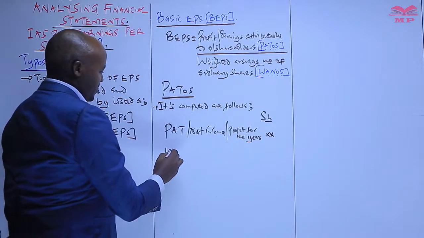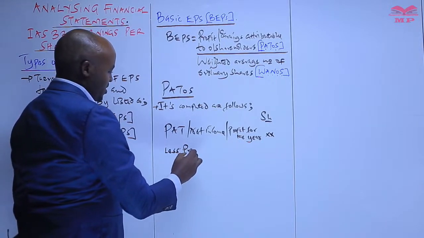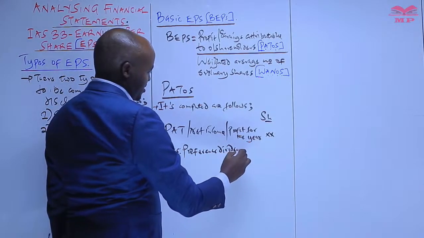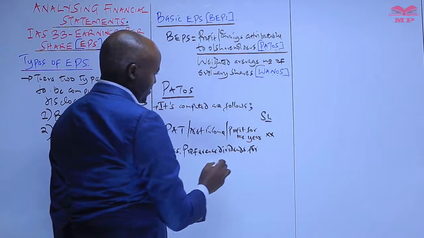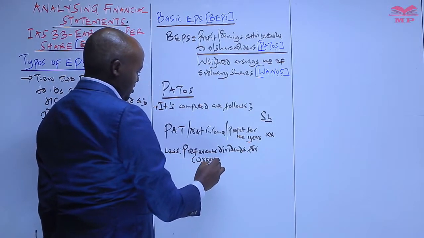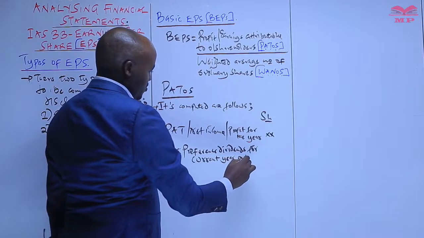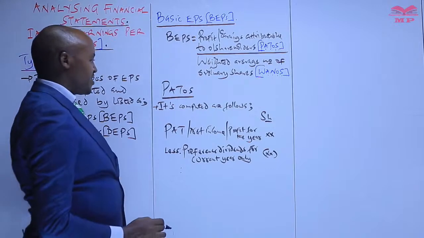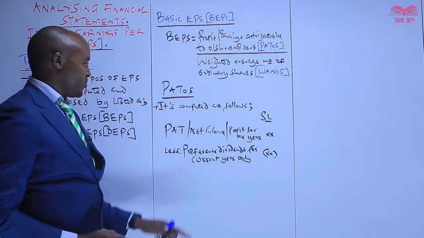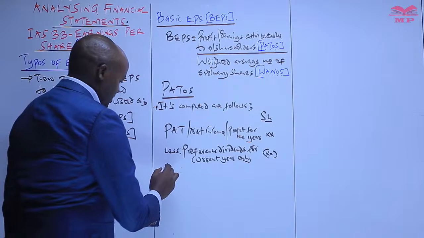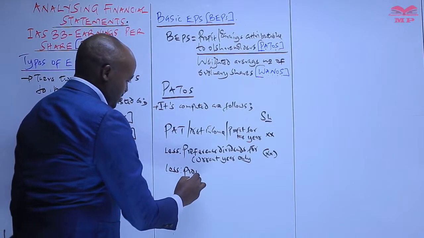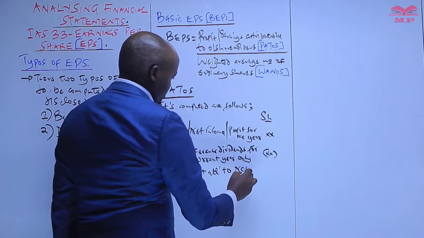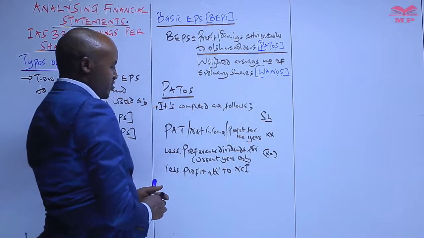To this, we less the preference dividends, the dividend for the current year only. And then, when computing the earnings per share for a group of companies, to this particular profit for the year we also less the profits attributable to non-controlling interest.